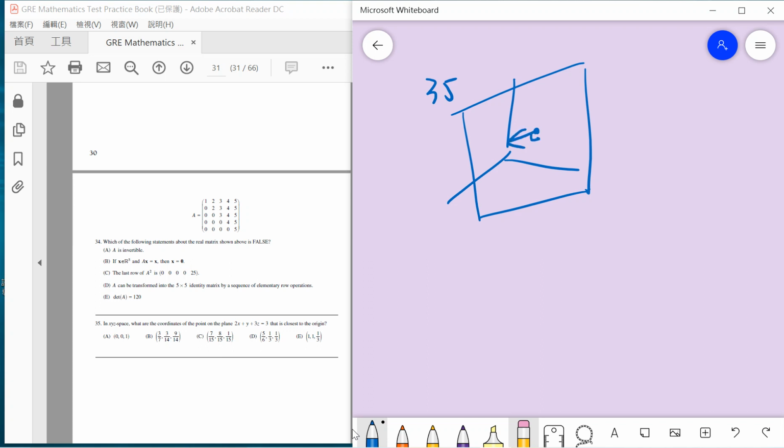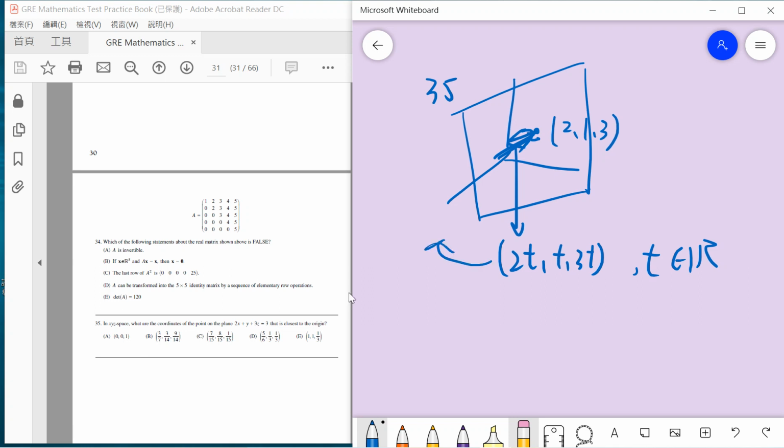So the normal vector is 2, 1, 3, and the point closest to 0, the line from 0 to the closest point should be perpendicular to the plane, so it should be parallel to the normal vector. So we can assume that this line vector is 2t, t, 3t, and this line should meet the plane. So we just plug it into the plane equation.